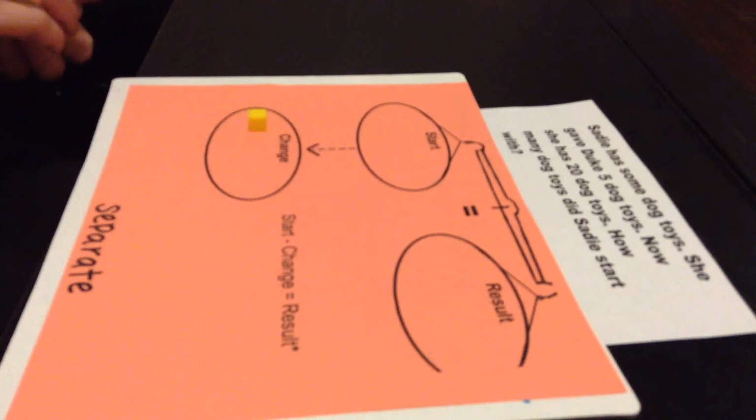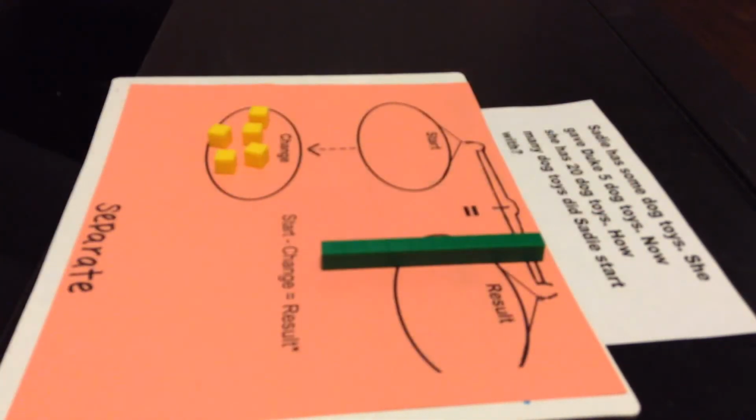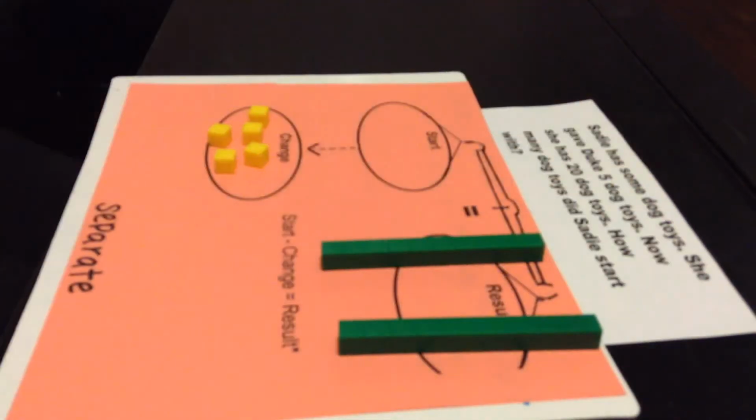So we're going to put 1, 2, 3, 4, 5 units or 5 dog toys in the change. And we know that Sadie is left with 20 dog toys. So we can put 2 base 10 block rods as our result, because each rod represents 10 units or 10 toys.